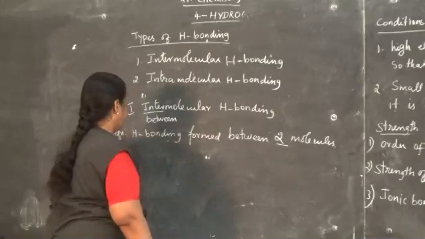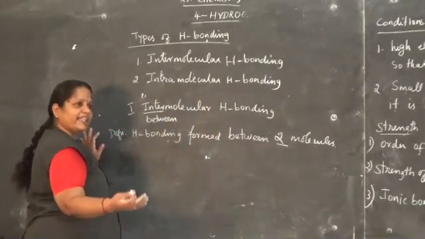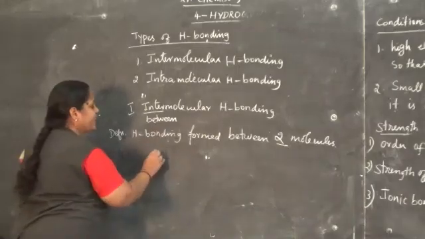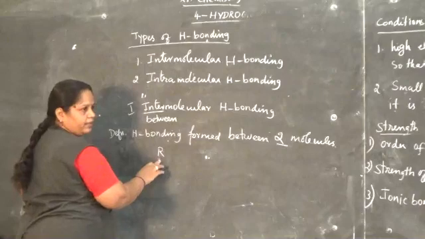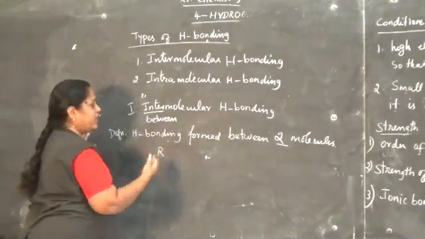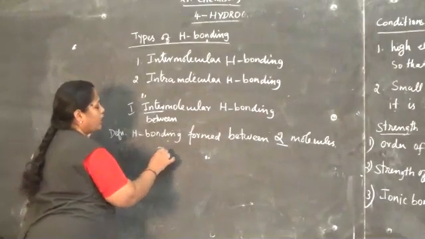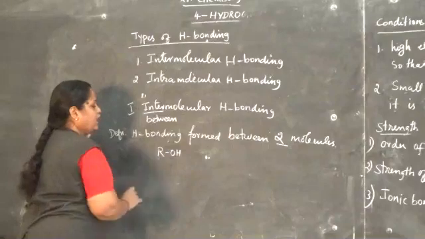Let us consider alcohol. What is the general formula for alcohol? You know that it is an organic compound. Generally R is an alkyl group or aryl group. We discussed in detail in our organic lesson. ROH. It is referred to as alcohol.